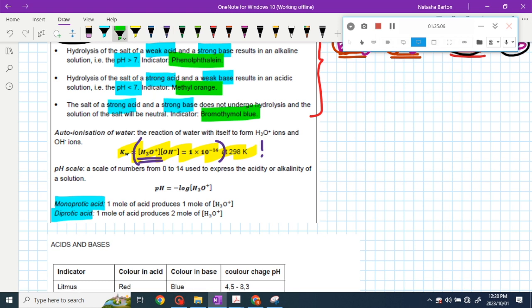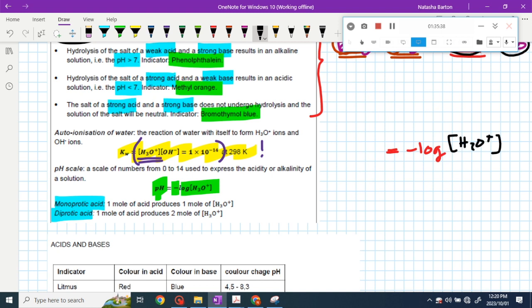The pH scale, we know pH is the negative log of the concentration of H3O+. The biggest mistake you guys make in your test is, we might have something like this. Give me a moment, guys, I'm actually making mistakes.